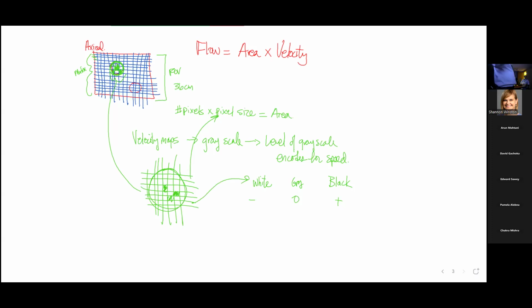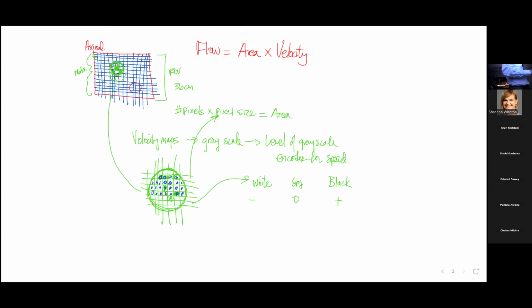So what's advantageous about this method to calculate blood flow is that you get the velocity at every point within the lumen, right? And that's why this becomes the most accurate way we have today to non-invasively measure blood flow.